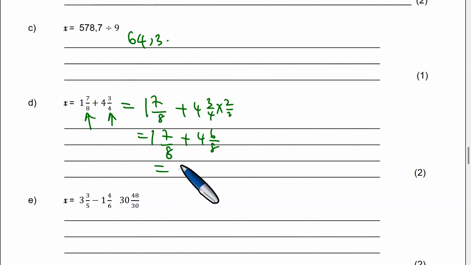What is 1 plus 4? It's 5. 7 plus 6? 13. 13 out of 8. But this is not the answer, because 8 goes into 13 how many times?